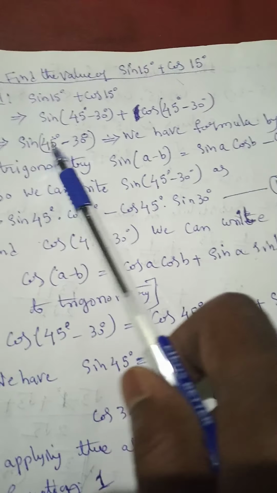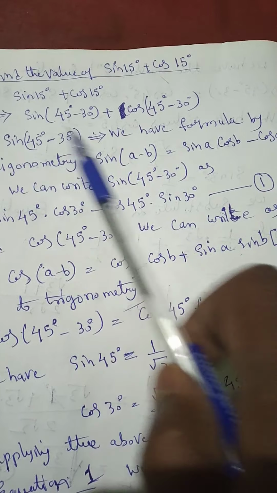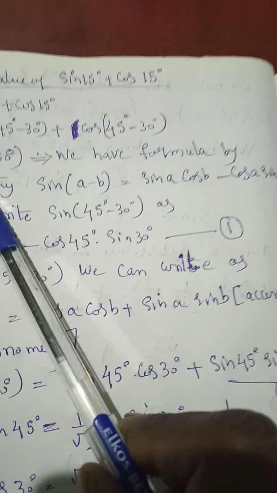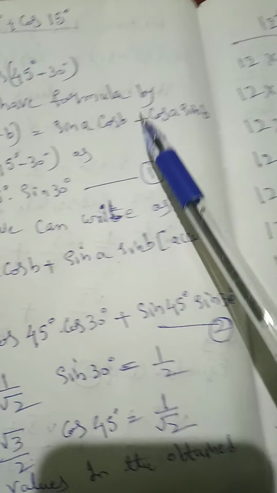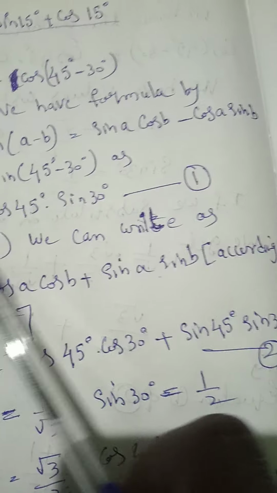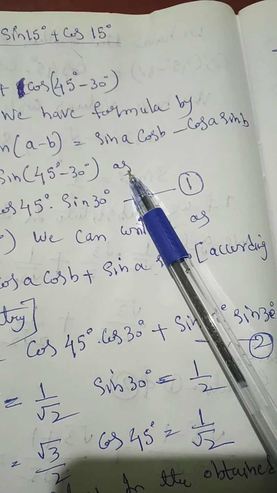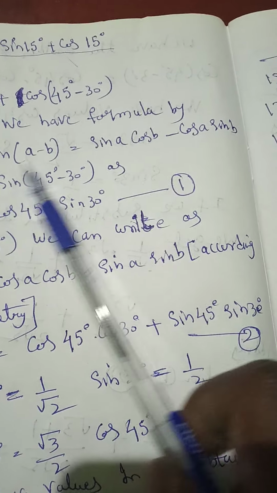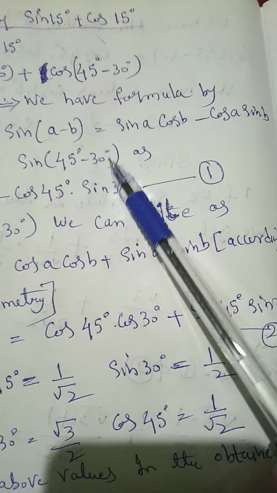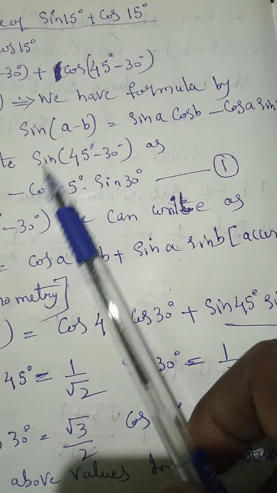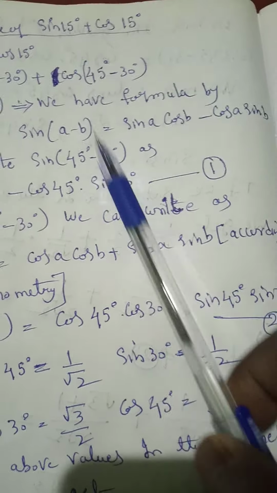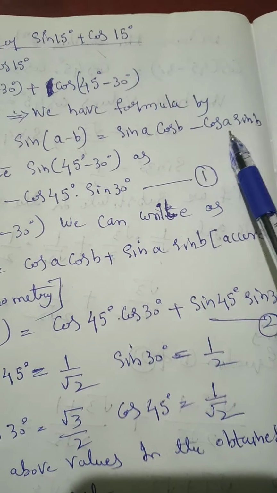If you treat it as a minus b, we have the formula sine of a minus b equals sine a cos b minus cos a sine b.